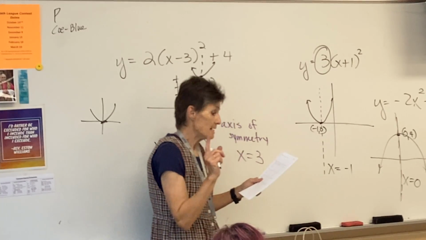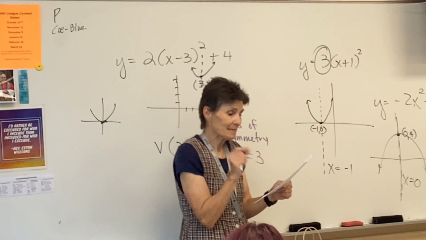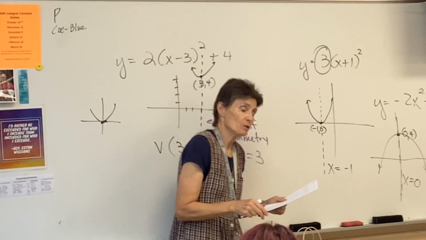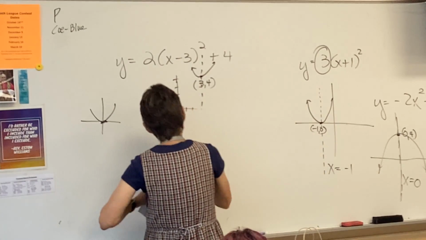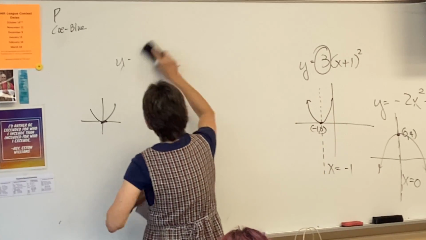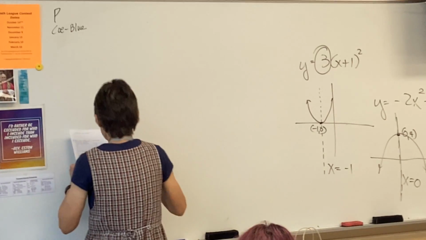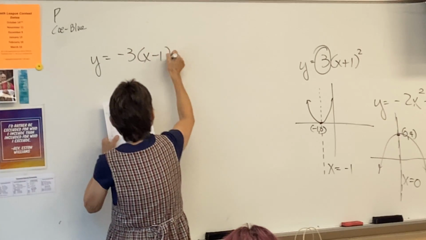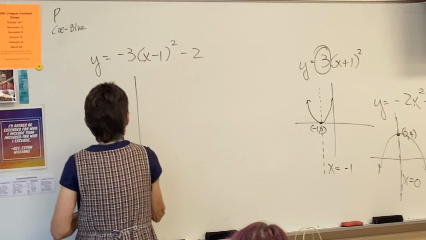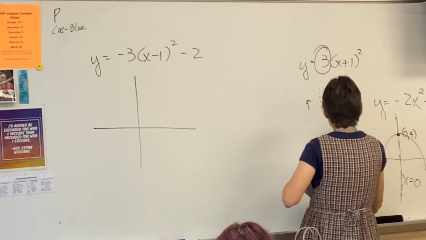All right. Now, would you and your partner try D, E, and F? See if you can do the same thing for D, E, and F. Find the vertex, axis of symmetry, direction of opening. Right 1. You do not have to graph them.